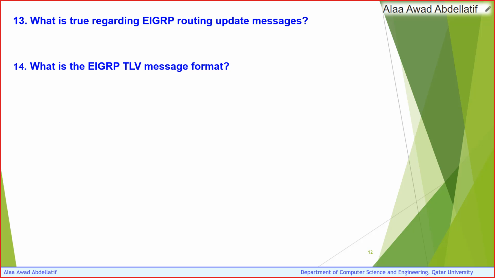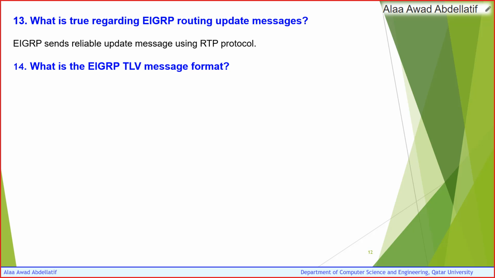Okay. What's true regarding the EIGRP routing update message? If you have multiple choice, what's true about this, or what's not true? So what's true about the EIGRP routing update message? EIGRP sends reliable update messages using which protocol? Reliable Transport Protocol, so the RTP protocol.